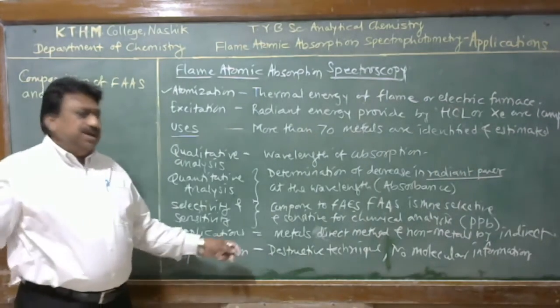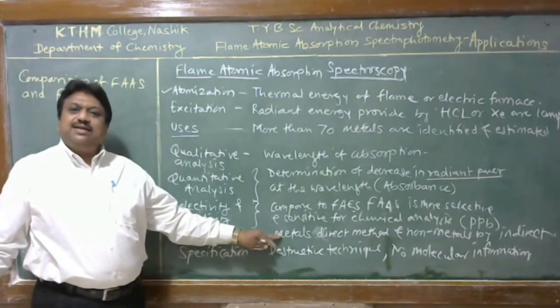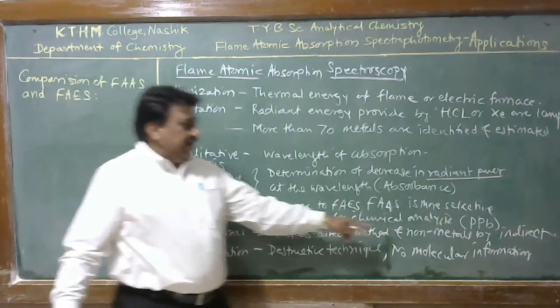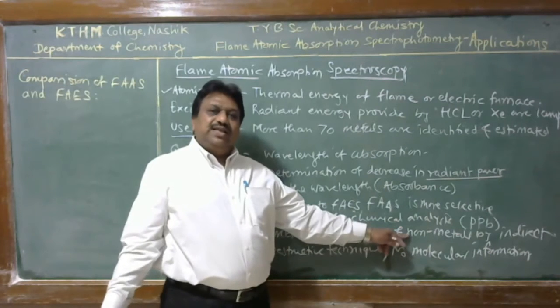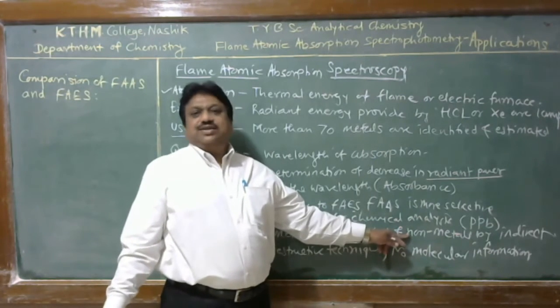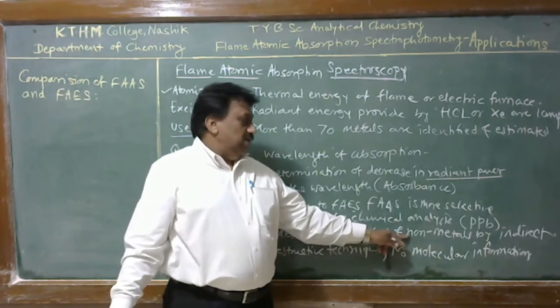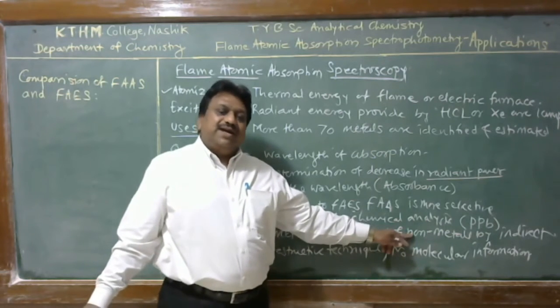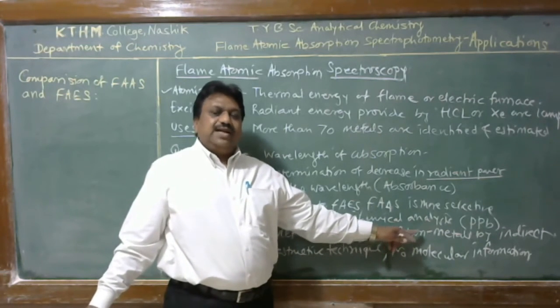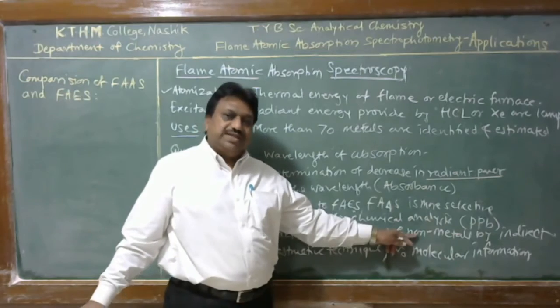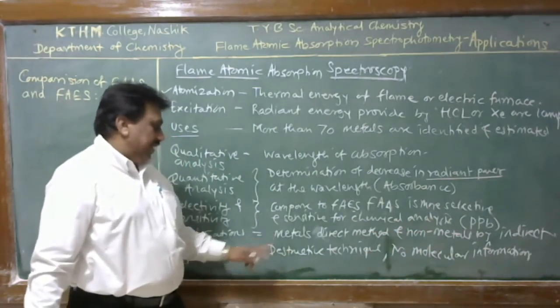Direct method means the metal is directly measured. In the indirect method, non-metals are reacted with metals and then the concentration of the metal is determined. For example, chloride is determined by reacting with silver nitrate, and the silver concentration is measured for determination of chloride ion.